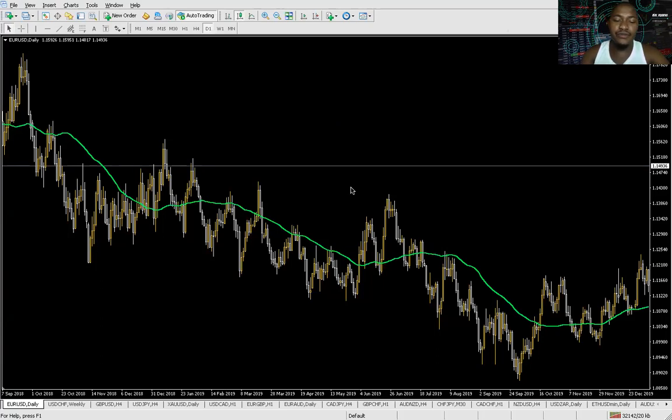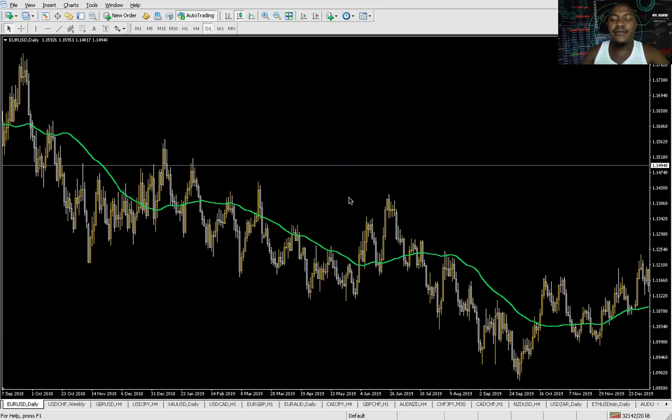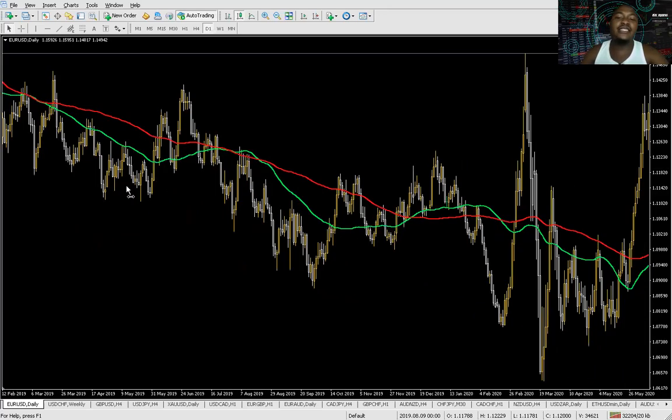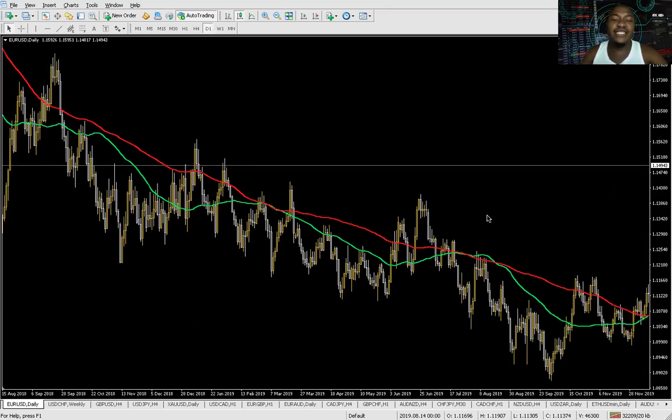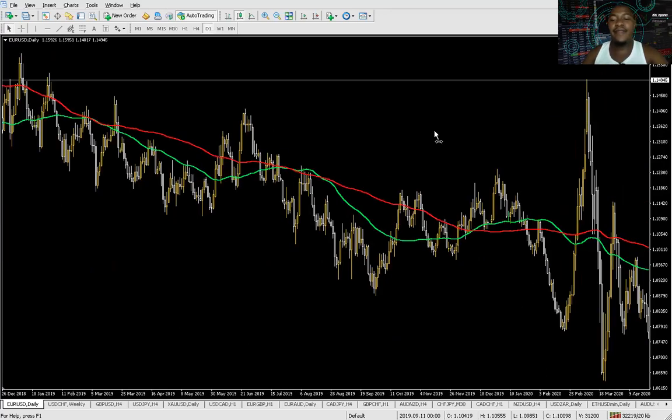Period should be 100, and then the color, just make it red. The MA method should be simple, apply to close, and levels, nothing. The visualization, change to do what? To be on a daily time frame. Boom. Now, even if you are a day trader, guys, this one would help you. If you're a scalper, just look at the overall market structure and start trading.